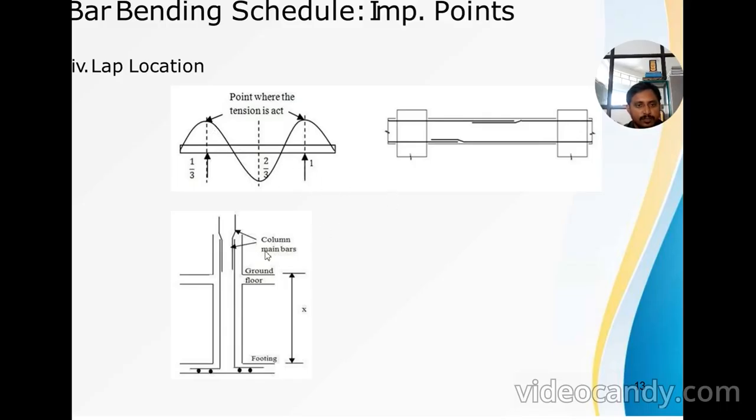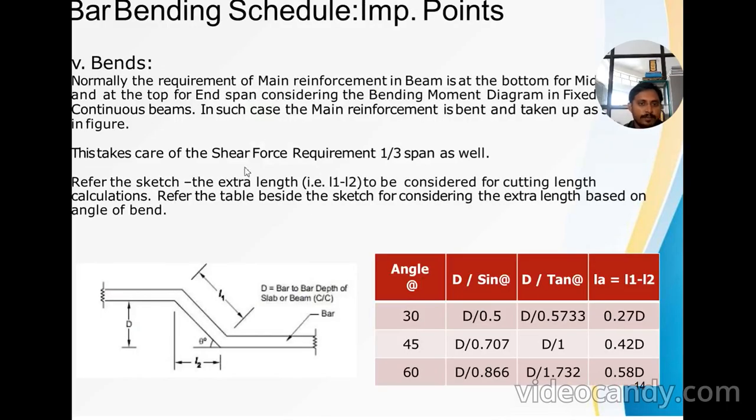The column also has main bars. These are the main bars, and ground floor. These are the footings. So these are the overlapping cases, or lap locations, provided at the top and the bottom of the member. And bends are also there. Bend is nothing but normally the requirement of main reinforcement of the beam at the bottom and the top, where bending is required.